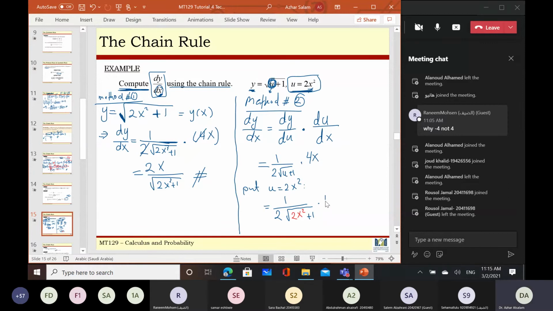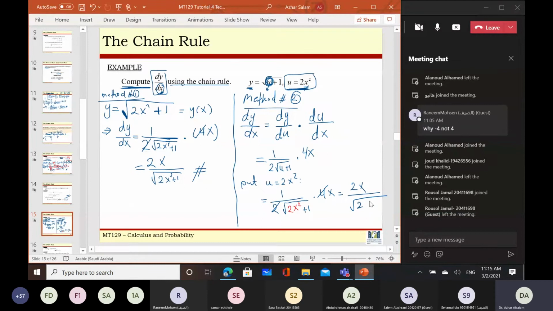Then multiplied by 4x. Okay, I can here by the same way simplify 4 by 2, which is 2x divided by the square root of 2x squared plus 1, which is exactly the same answer.